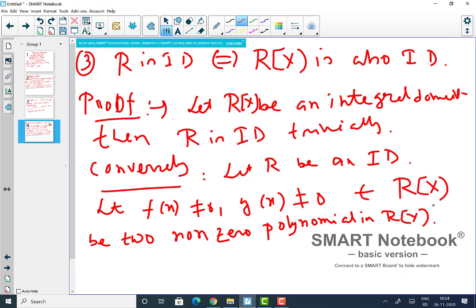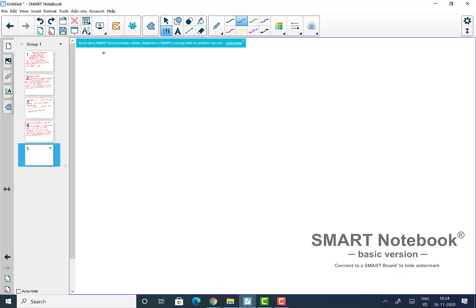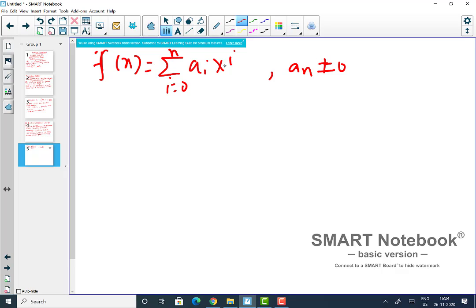Okay, we need to show that the product is also non-zero, right? Whenever I say a non-zero polynomial, I mean you can write f(x) equal to summation a_i x^i, i equal to 0 to n, and the leading coefficient a_n is not equal to 0, so that is the meaning of a polynomial of degree n, right? So this is called the leading coefficient of f(x).